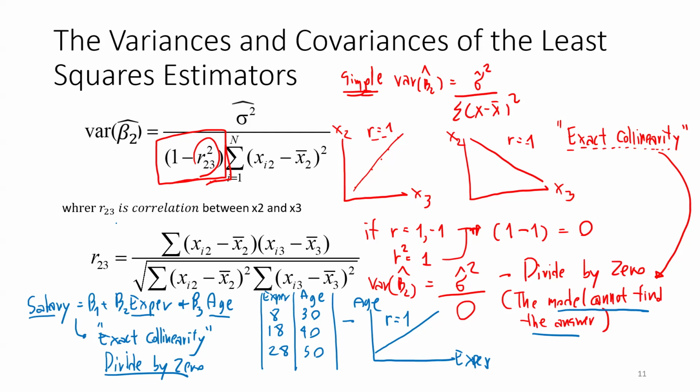More examples. Expenditure depends on age and year of birth. Oh, this is genius. They collect the data again, age and year of birth.